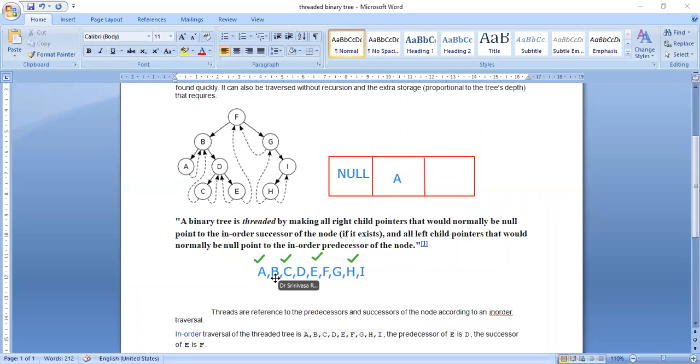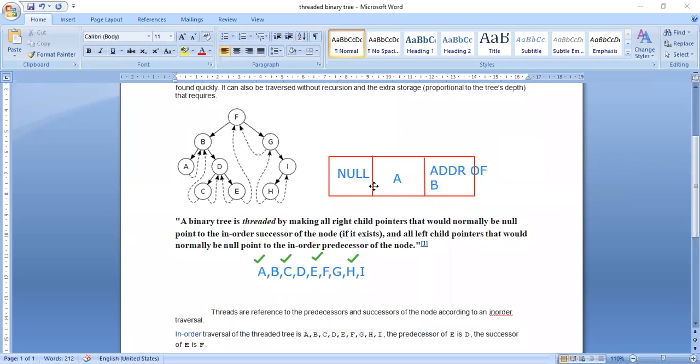B. The address of B is the successor of A. You got B. So you can see.